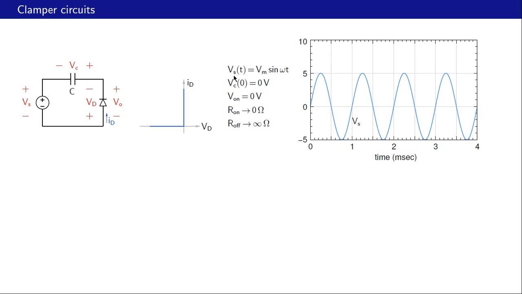The input voltage is shown here in blue. It's Vm sin omega t. Vm is 5 volts. So the input voltage goes from 5 to -5. And as we shall see, the output voltage is a clamped version of the input voltage.